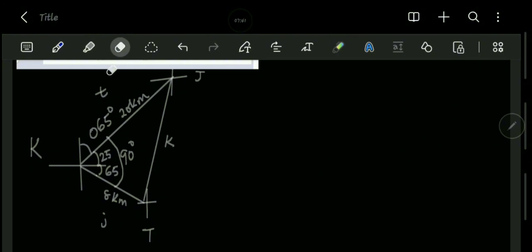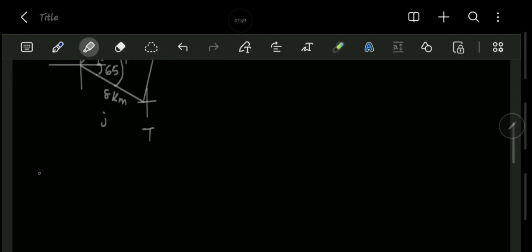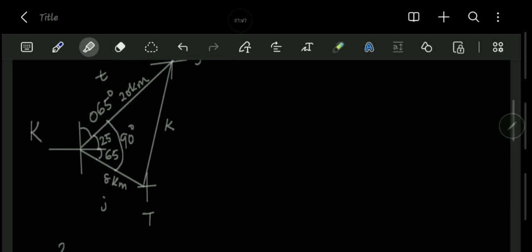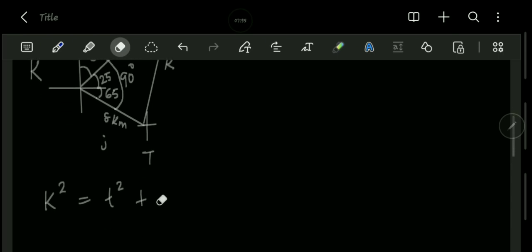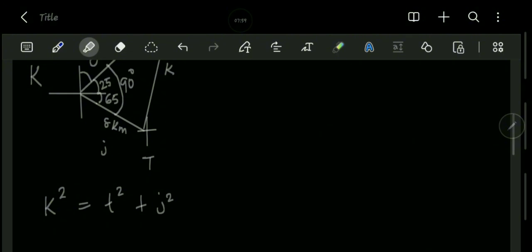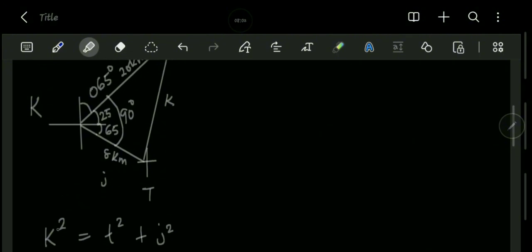So I'm going to use the Pythagorean theorem, which says that k squared, the hypotenuse squared, is equal to t squared plus j squared, right?